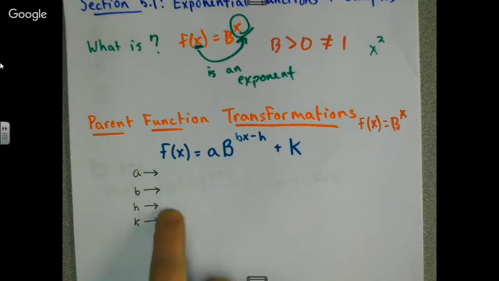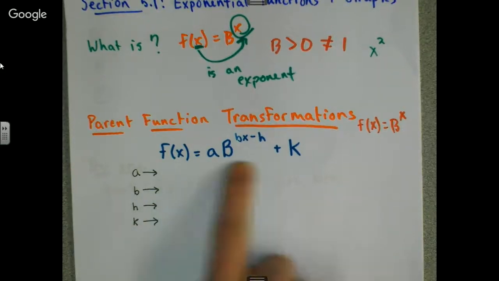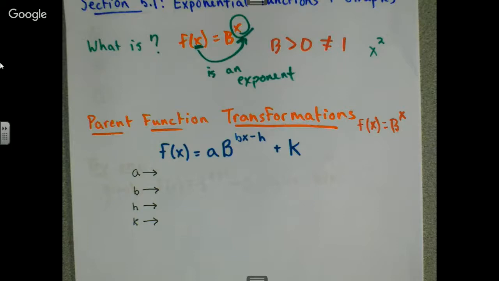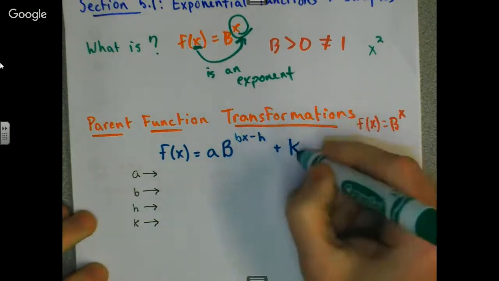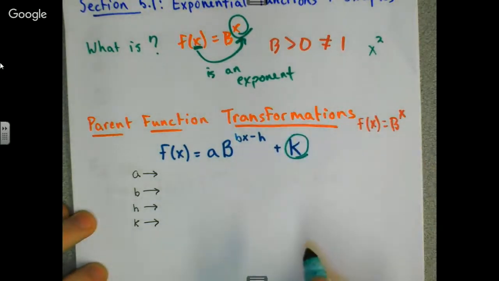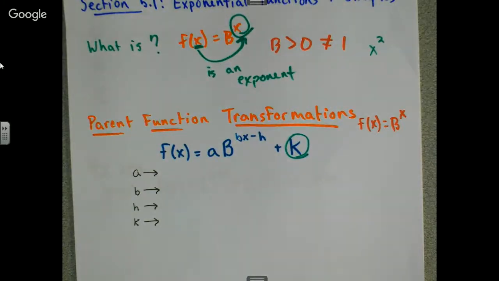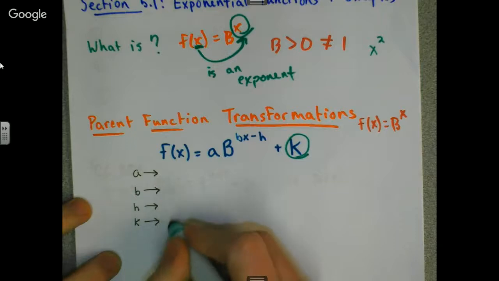So again, this would be my parent transformation function, and we again have our common letters here. Let's start with the easy one. Let's go with K. If you remember from the Wheels on the Bus song, K in this equation moves it up and down.